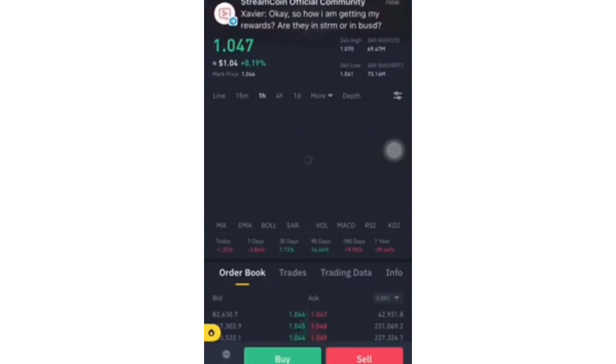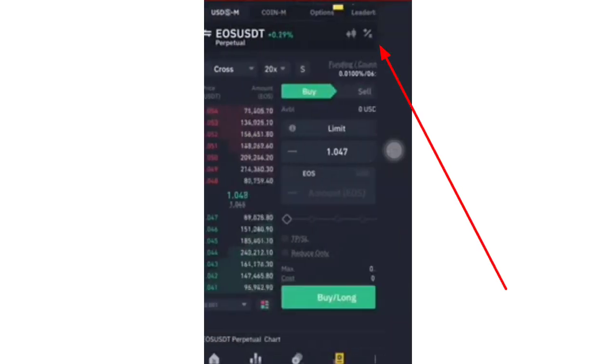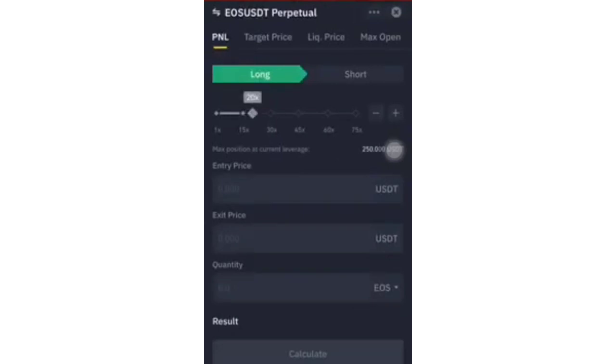This calculator helps you calculate the PNL, which is the profit and loss, the target price, which is the exact price you want to take profit at, the liquidation price, at which your account can run down completely, the max open, and the open price. We can't talk about all these things, we're just going to talk about some of it briefly.